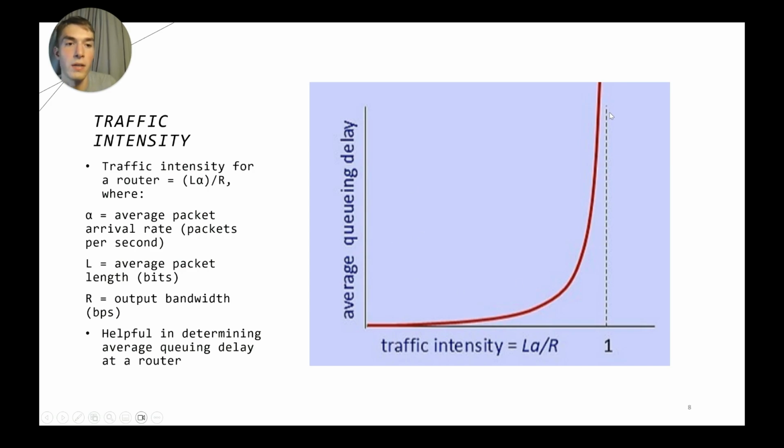But as we go towards 1, that queuing delay is going to increase dramatically because more and more bits are coming in, and the router is less able to handle each of those bits. And if we pass 1 right here, our queuing delay is going to become infinite because more bits are going to be coming in than the router can handle, and that stack is just going to keep building and building, that stack of work.